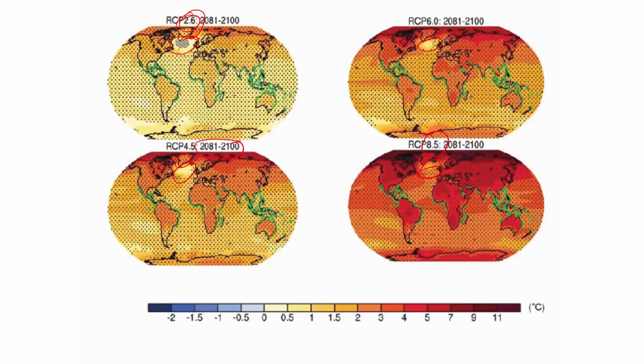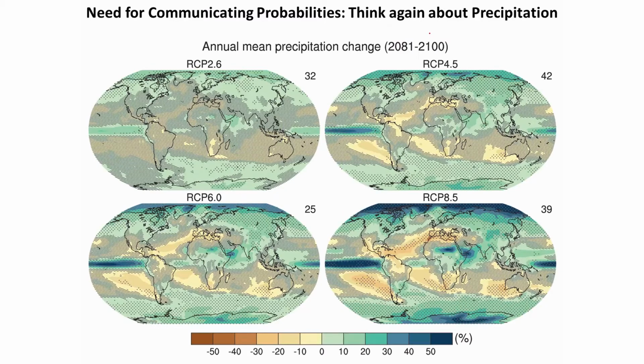But everywhere else you can see there are these little dots, which means stipples, which means that all the models agree that these are going to be substantial changes, more than 2 standard deviations of the present. Whereas when you look at rainfall, we looked at just these two before. Now we are looking at all RCPs, just for illustrating this point again. Here the stippled points are far fewer than the temperature projections, and there are lots of these hatched regions.